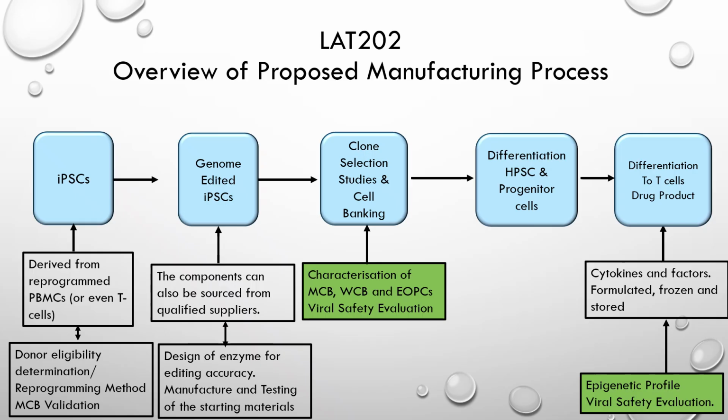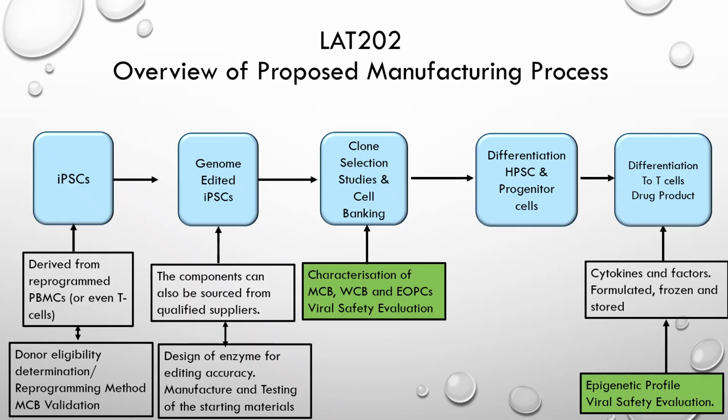And the point that I wanted to talk about, and that I didn't go through last time, was the epigenetic profile. The epigenetic profile is what determines the cell identity, and it's something that is critical. It is actually mentioned in the guidelines for investigational ATMPs that the epigenetic profile is important. So it's not just my belief.